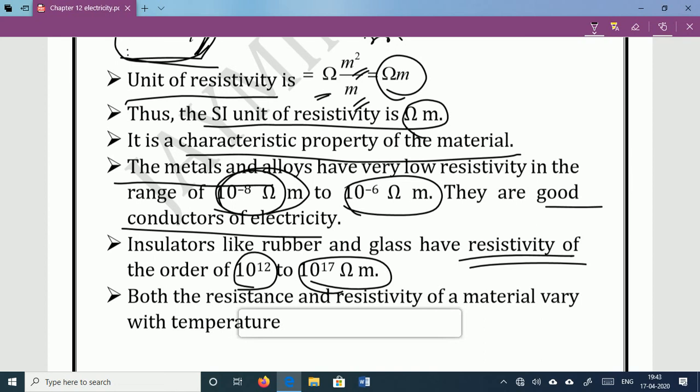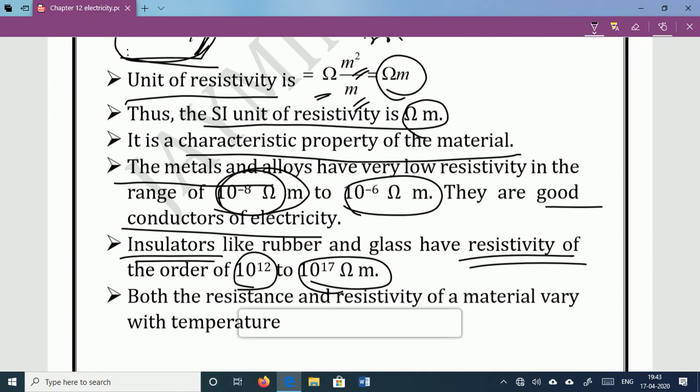If the resistivity is in between, 10 raised to minus 5 to 10 raised to minus 1, then it is called a semiconductor.